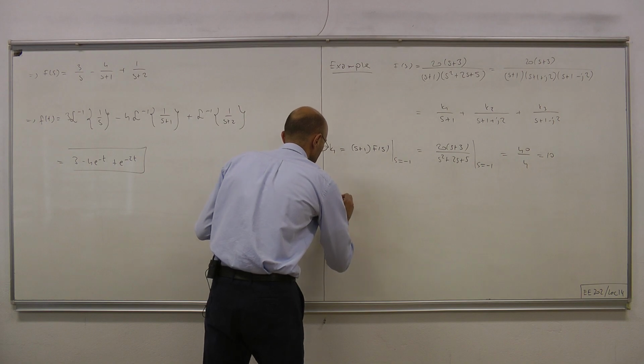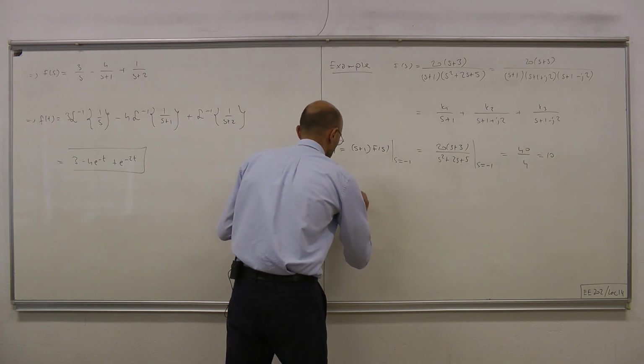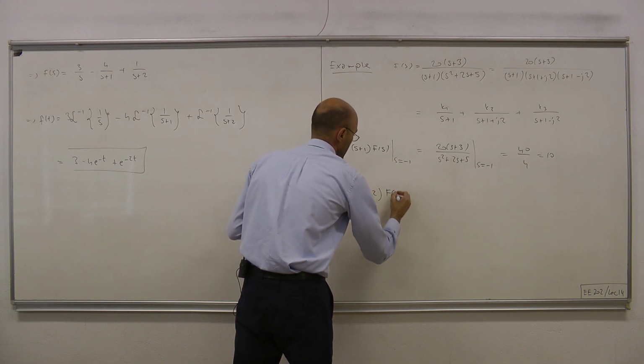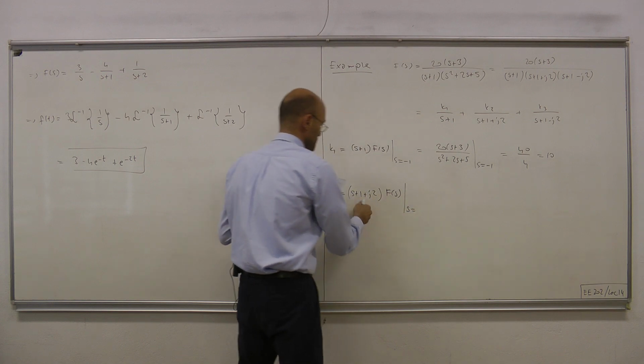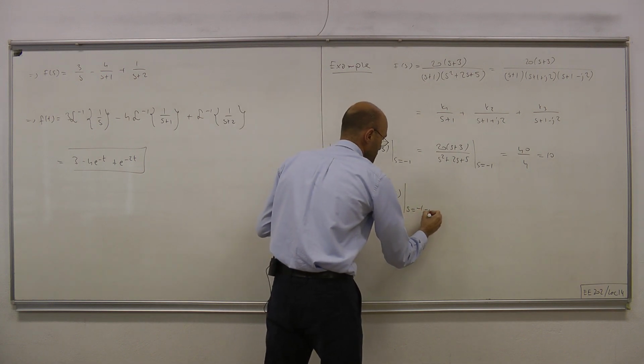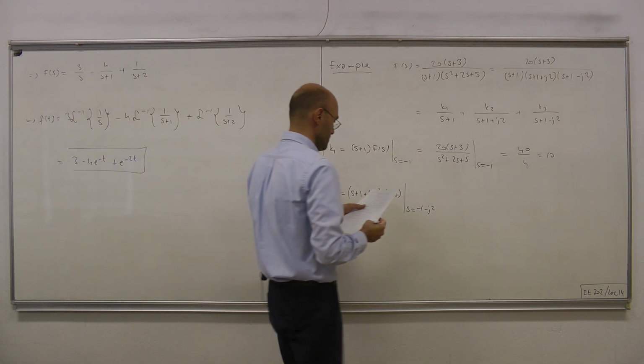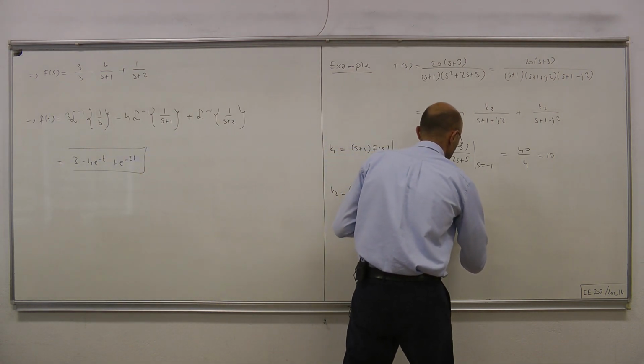k2 equals (s plus 1 plus j2) times F of s evaluated at s equals minus 1 minus j2. So what does that equal?